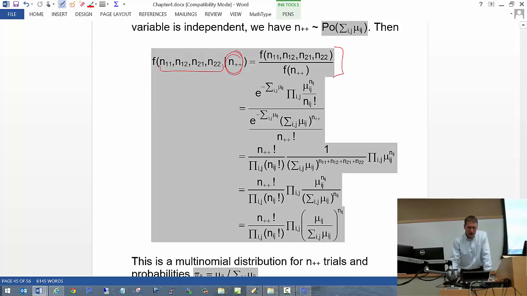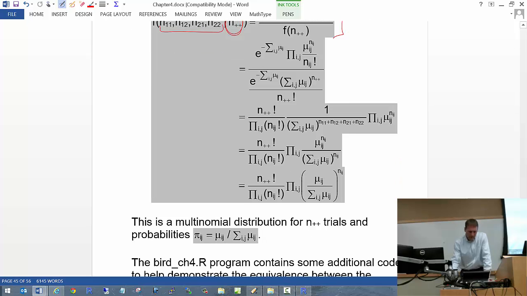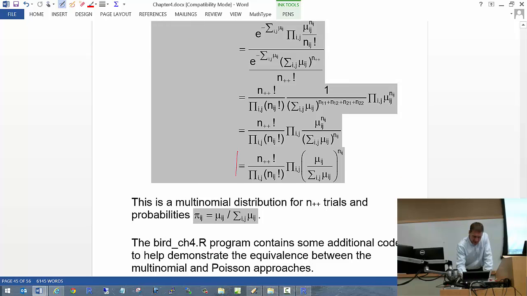So from there then, you can write it out, do some simplifications. I'll leave the details up to you. And look at the very end here. Look how this is looking like a multinomial distribution. You have this n plus plus factorial, and you divide by the product of the factorials of the observed values of the random variables.